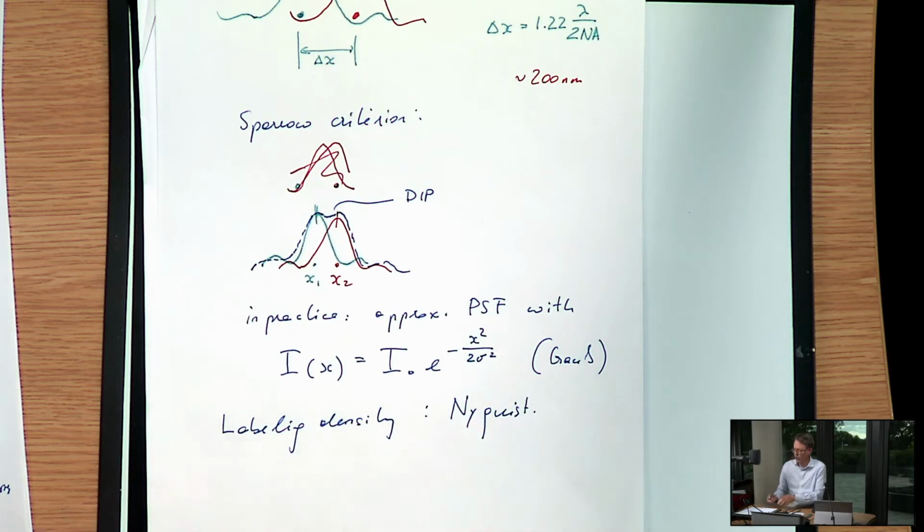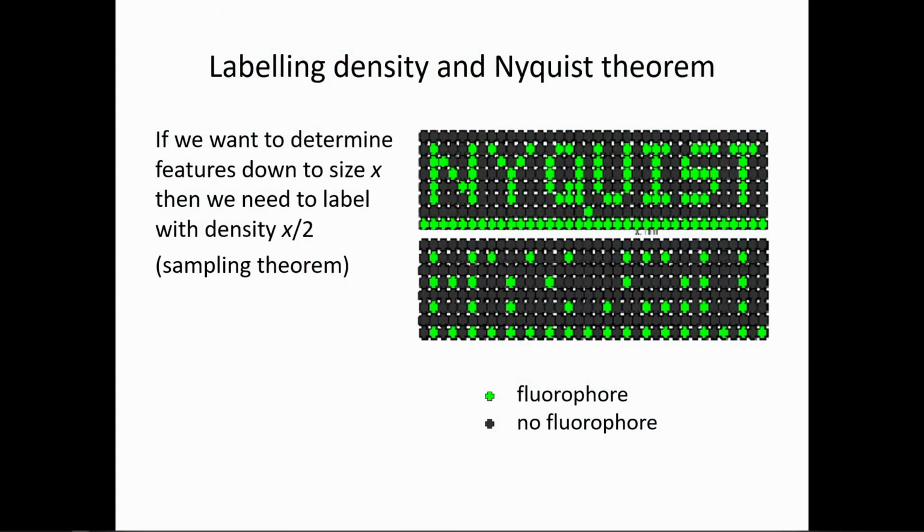To show you what I mean, if you have small objects, obviously you need to have enough fluorophores present to give you enough information about the underlying structure. Just to show this quickly, I go back to my computer screen, and you see here the word Nyquist drawn out with molecules positioned at particular positions in a matrix. And then, of course, if you do not have enough molecules, the information goes.